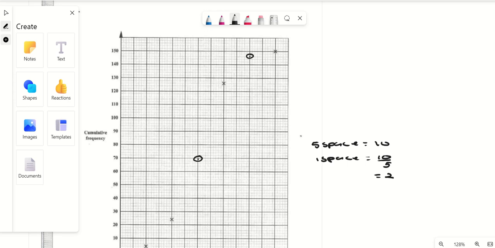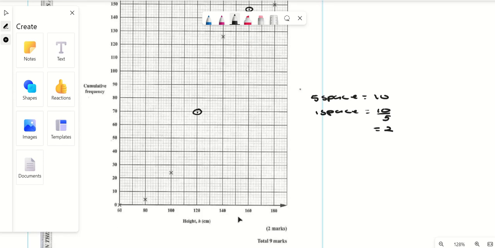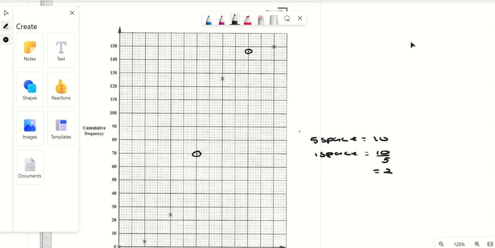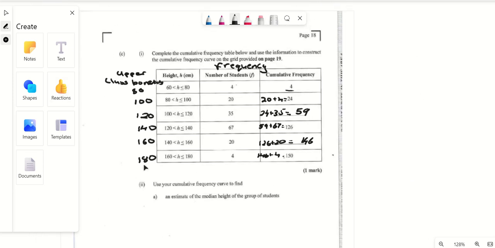Right, and this is my next point. 146, 148, right? 146, and my x-axis is 160. And those are the points that I have to plot. So again, my upper class boundaries would be my height, and my cumulative frequency would be my y-axis.